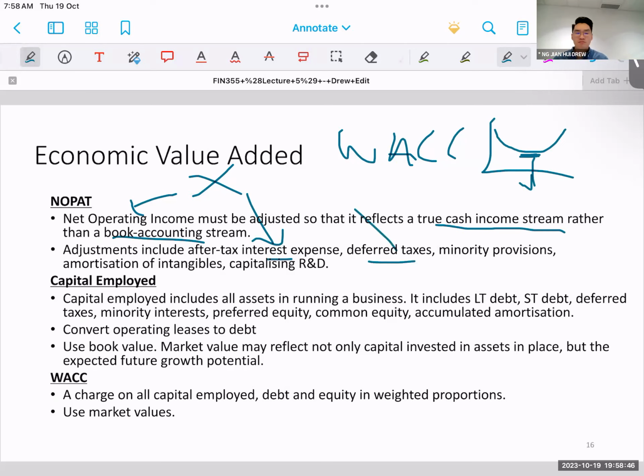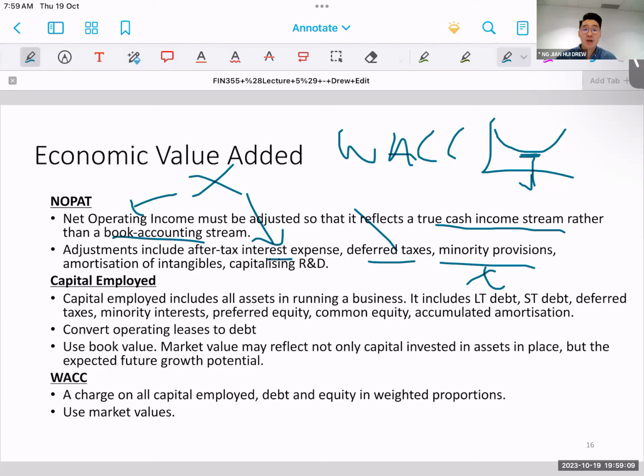Tax is not related to the business as well. Whether the business is doing well or not so well, we still have to pay tax. So we have to adjust for tax. Minority provisions, yes, we have to adjust for this. Remember, you should have already started looking into the various financial statements, and we do have things like minority interest, right?